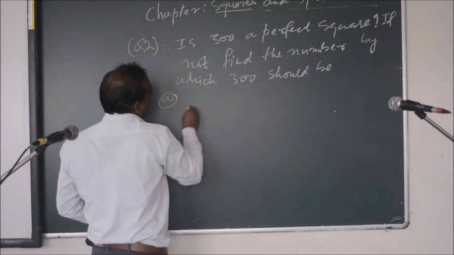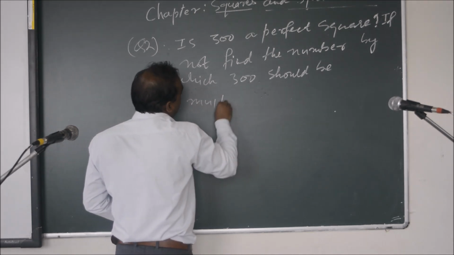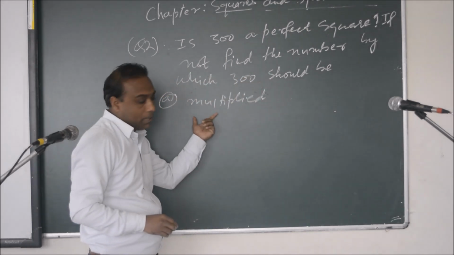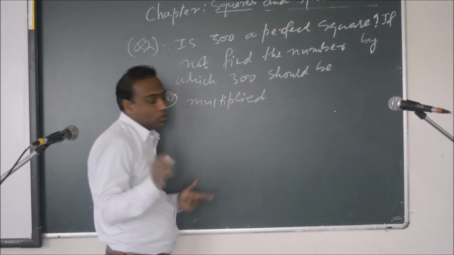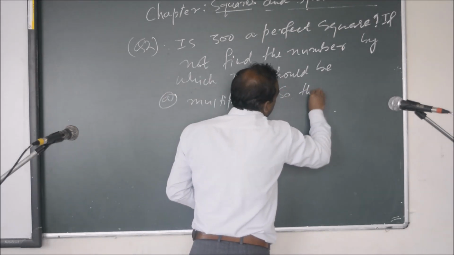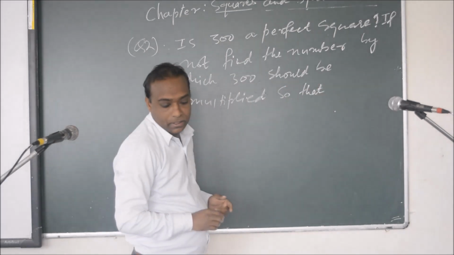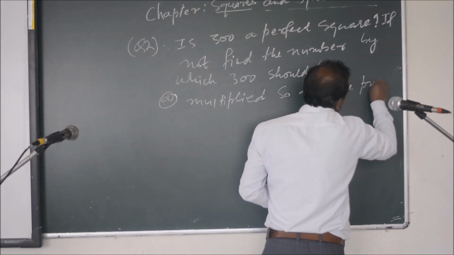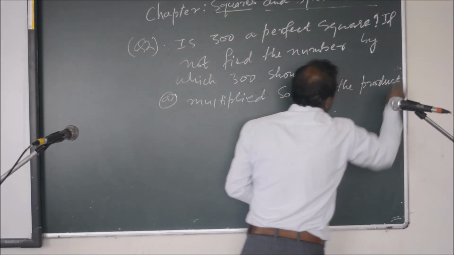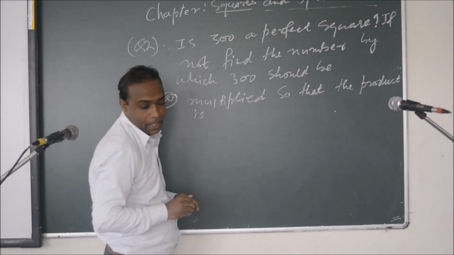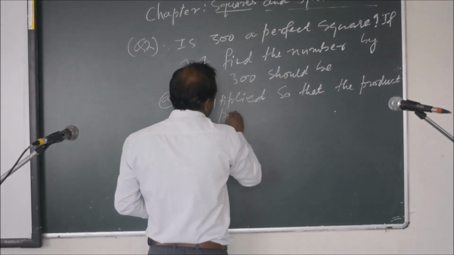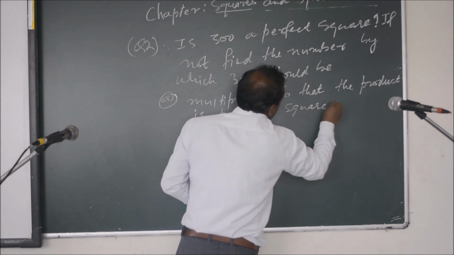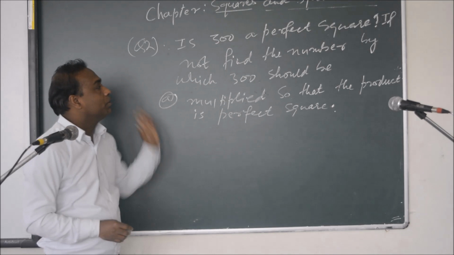Number A. Two questions are there. I will solve number A. The number should be multiplied so that the product is a perfect square. So this is the question now.